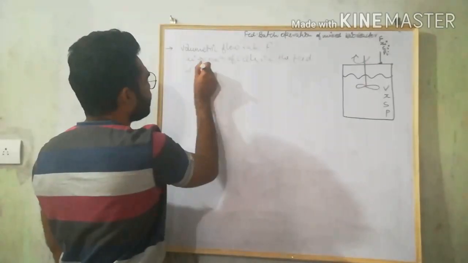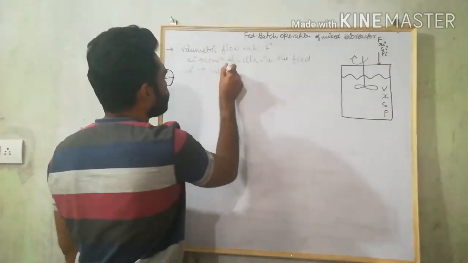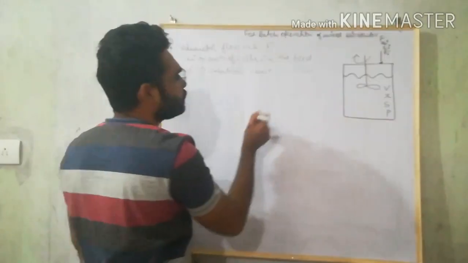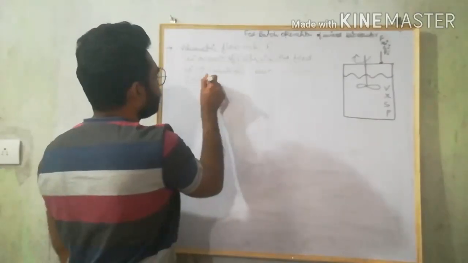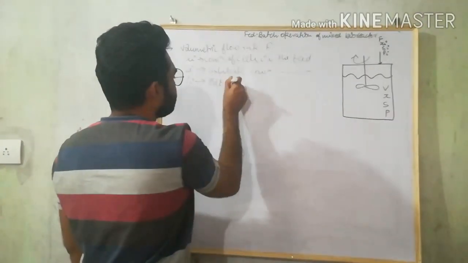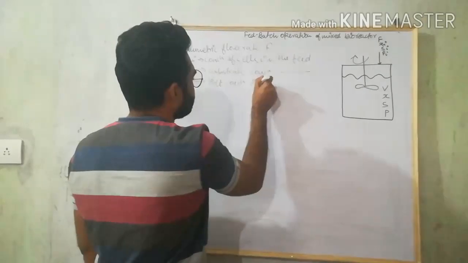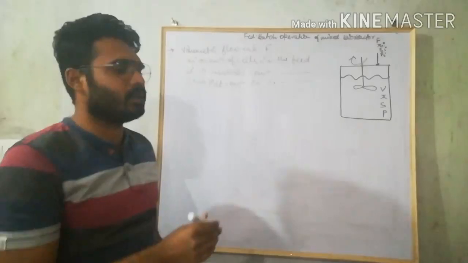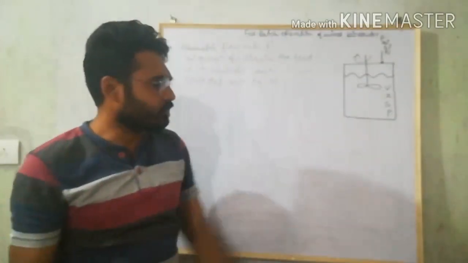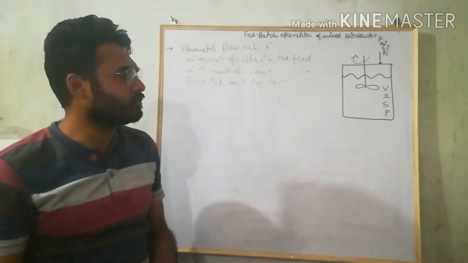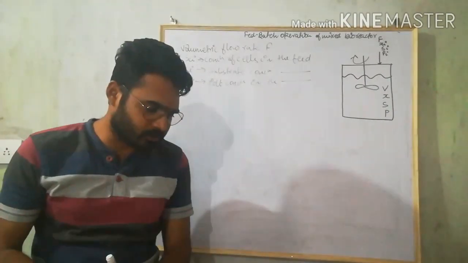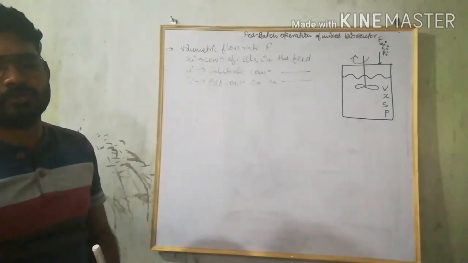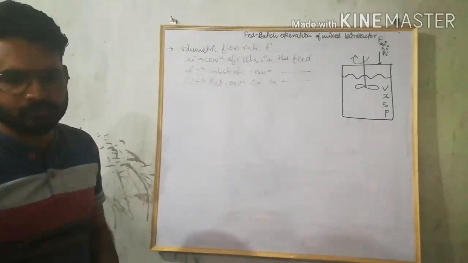The Si is the substrate concentration in the feed, and the Pi is the product concentration in the feed. These are the terms. V is the total volume, X is the biomass concentration inside the reactor, S is the substrate concentration inside the reactor, and P is the product which is synthesized inside the reactor.